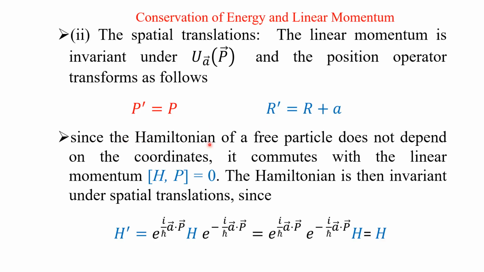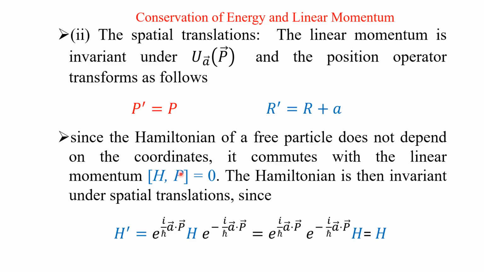Since the Hamiltonian of a free particle does not depend on coordinates, because the potential energy depends on the XYZ coordinate, not the kinetic energy. So the total Hamiltonian is p squared over 2m plus V, which is a function of x. Since for a free particle V is equal to 0, this H commutes with P, because H contains only p squared over 2m.